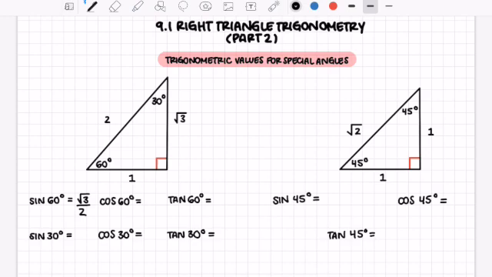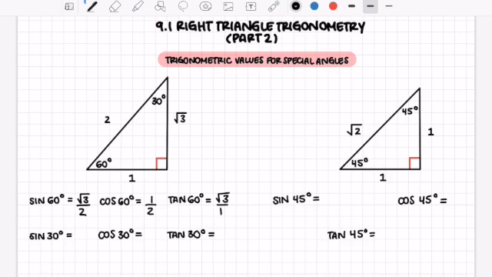Cosine is the adjacent, the side next to 60 degrees, over the hypotenuse, which is 2. So we get 1 over 2. Tangent is the opposite side, square root of 3, over the adjacent side, 1. So we get square root of 3 over 1.